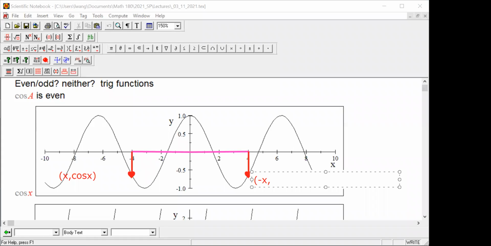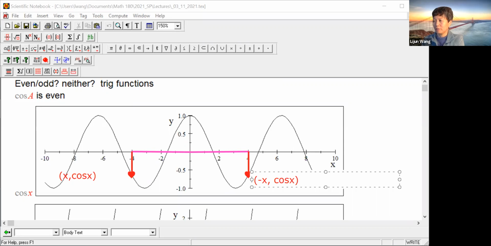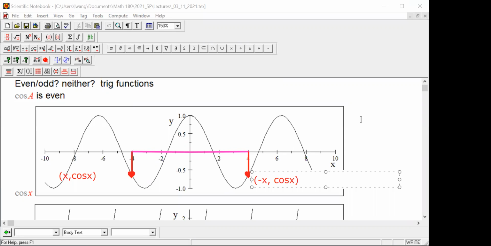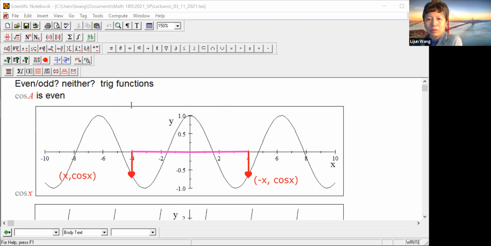Arc cosine would be odd, right? Is that what you're saying? I think it might be neither. Okay, so we leave that question. Did you say arc cosine is odd?